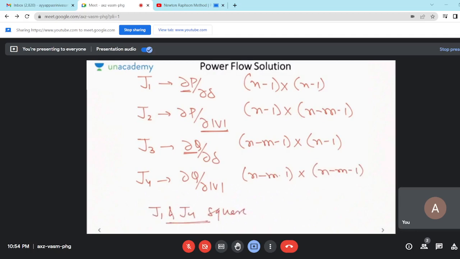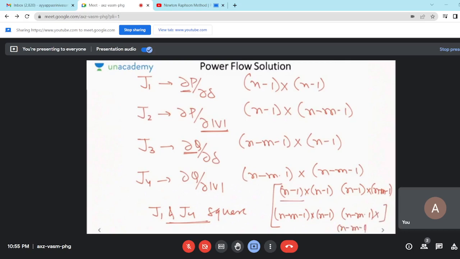And what is the order of the Jacobian? Here J1 has n minus 1 rows and n minus 1 columns. J2 has n minus 1 rows and n minus m minus 1 columns. J3 has n minus m minus 1 rows and n minus 1 columns. J4 is n minus m minus 1 cross n minus m minus 1.